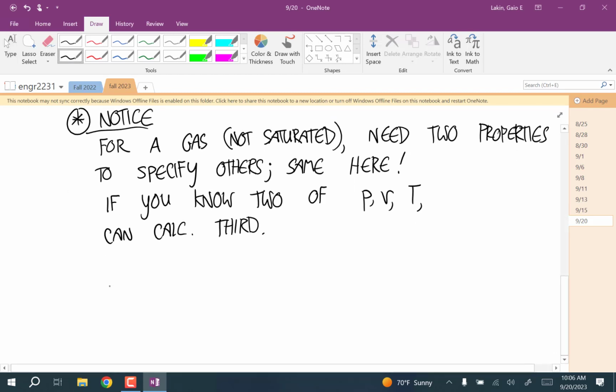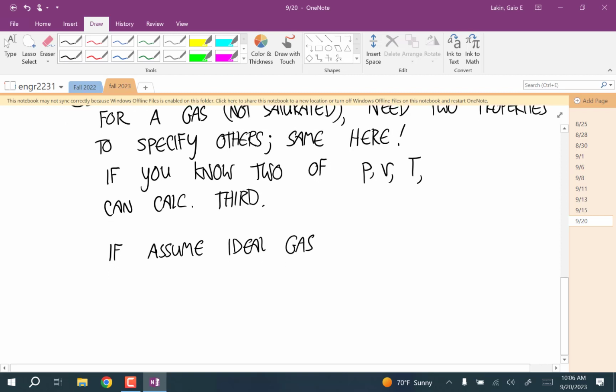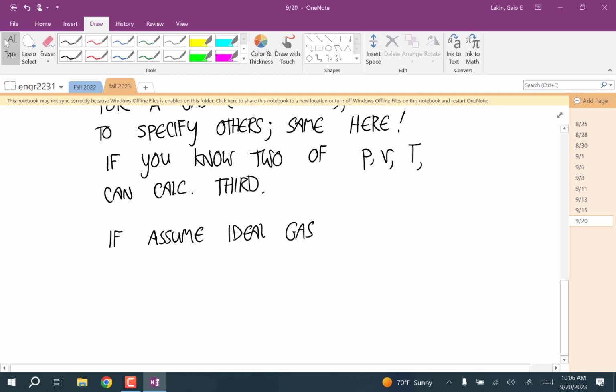If you assume an ideal gas, then the following things are true. The first one is, I'll put this down again, PV is equal to RT.